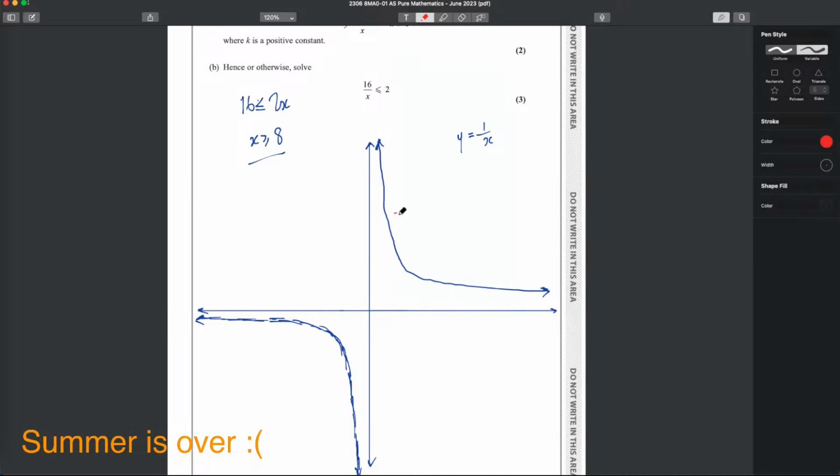Okay, so hang on. What about when, okay, so let's look at this graph y equals 16 on x.